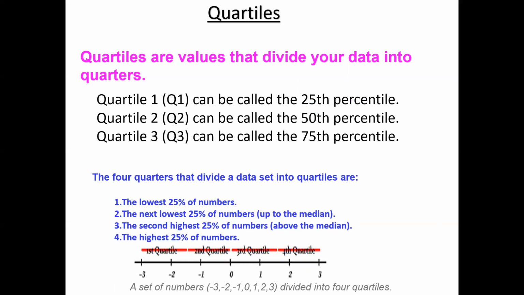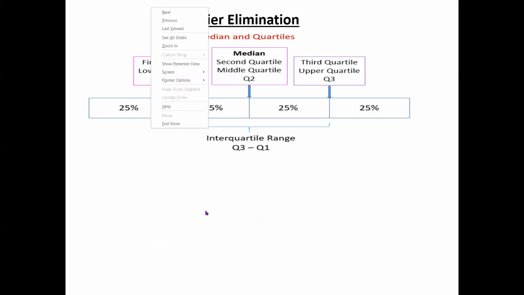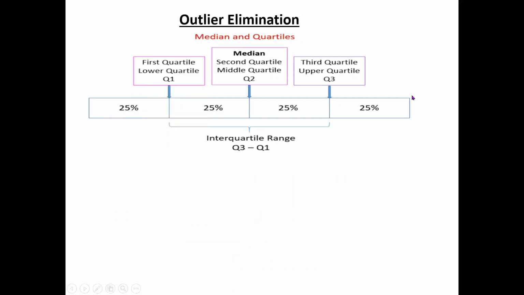Okay. So why do we need this? We need to first detect outliers. Then we use these quartiles, find the formula and apply the formula for eliminating the outliers. We will see that. As I told you, 4 parts: first 25th percentile, second 25th, third 25th, fourth 25th.